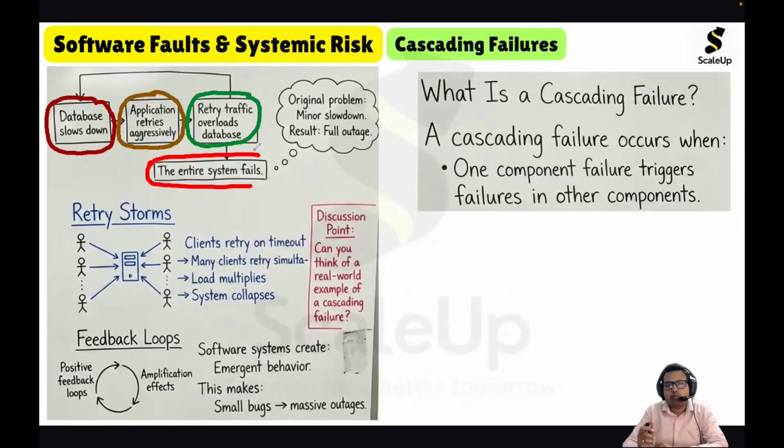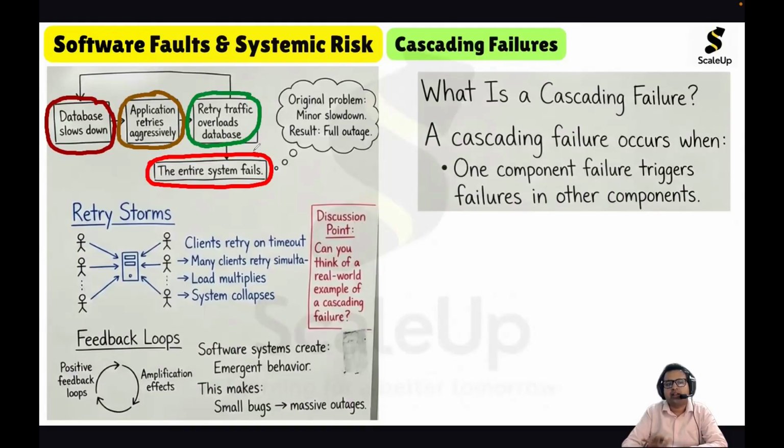So a small bug or fault in the database, like the database slowing down, is very common. It might happen in a production environment. Because of the database slowdown, the application faced an issue because it queried the database, did not get the response, and aggressively kept on retrying.